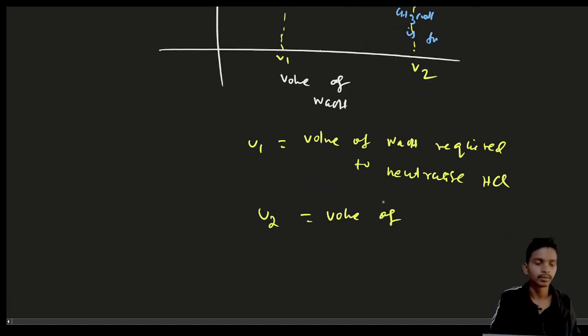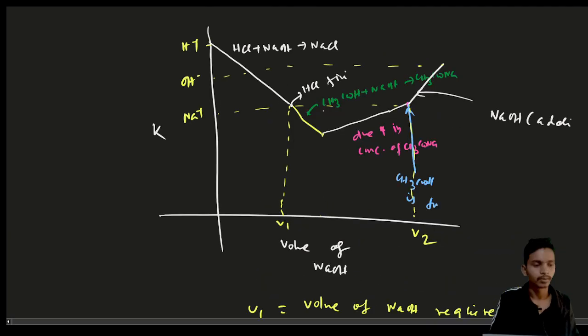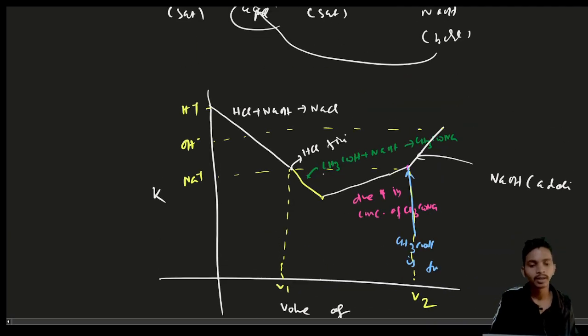the volume of NaOH required to neutralize both CH3COOH and HCl. So this amount of volume of NaOH is required to neutralize HCl, because HCl is above.